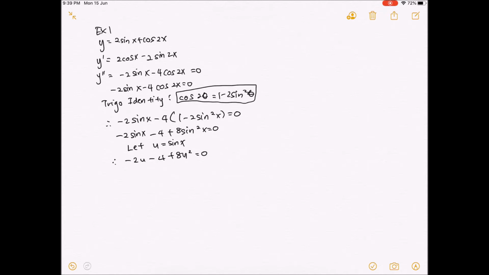Just use your calculator. You will find u equals 0.8431 and u equals negative 0.5931. However, our variable is not u, our variable is x, so substitute back, meaning this is our sin x.